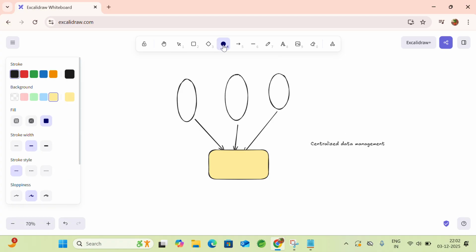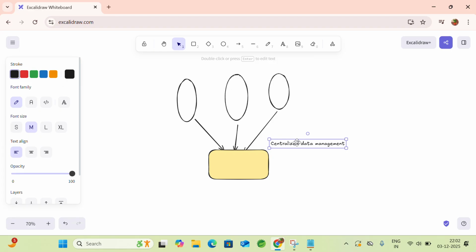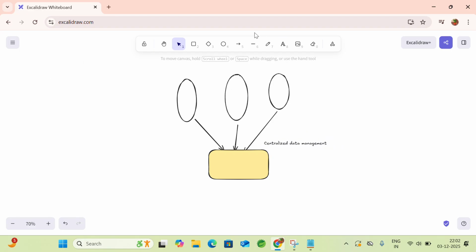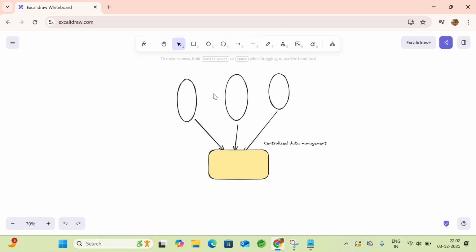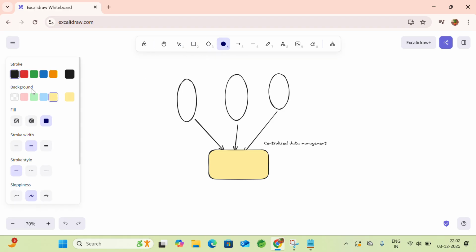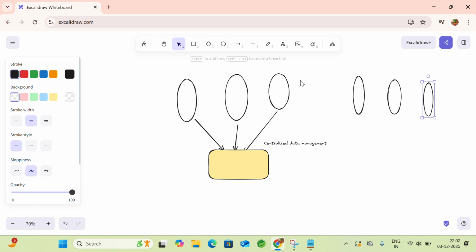We want all the microservices. Let me write it over here and take another set of microservices here. Say here we have three different microservices.